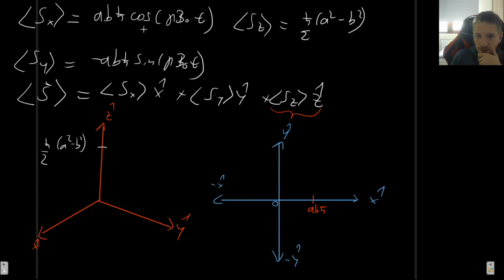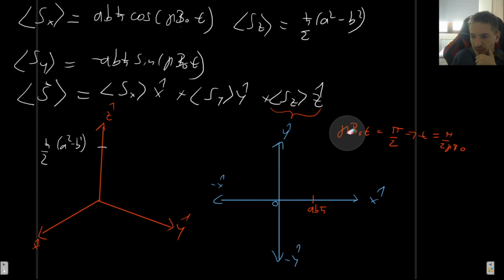Then at some later time, let's go for the easy one. Since these are cosine and sine, let's look always for when one is 1 and the other one is 0. That would be, for example, when cosine is 0. That is when gamma b0 t is equal to pi over 2, or when time is pi over 2 gamma b0.